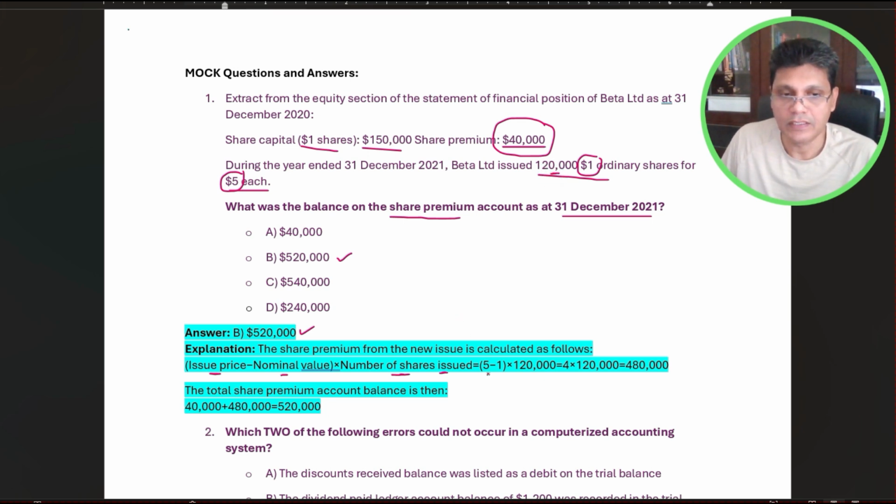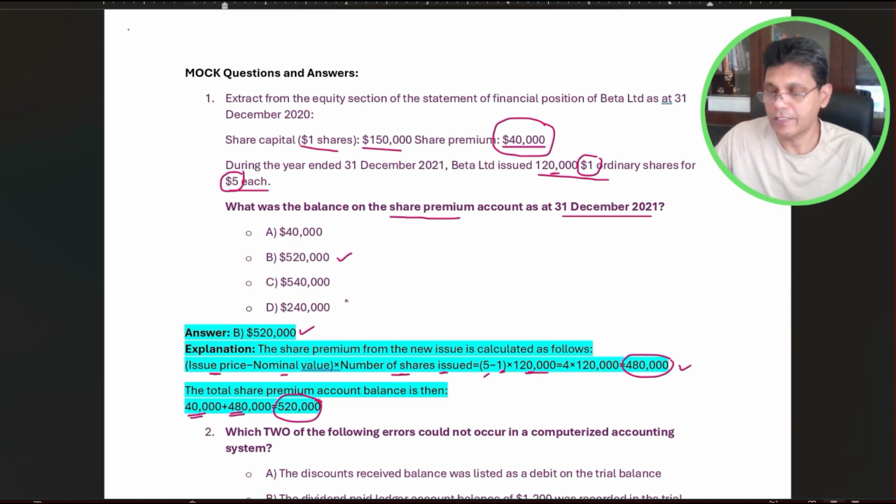So the share premium for the issued shares will be 480,000, plus the opening balance of 40,000. Once you add the opening balance to the new balance, that will be 520,000. So this is the correct answer for this particular question.